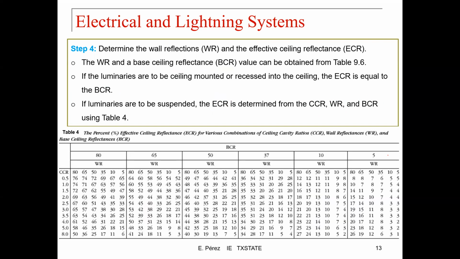So to determine the wall reflection, WR, and the effective ceiling reflectance, ECR, the WR and the base ceiling reflectance value can be obtained from table 9.6. So that's in your textbook.